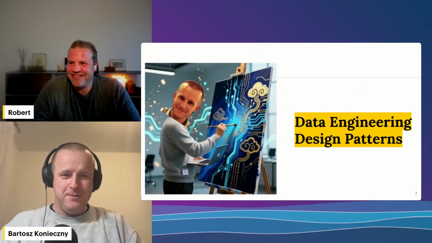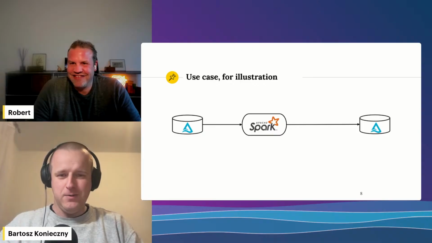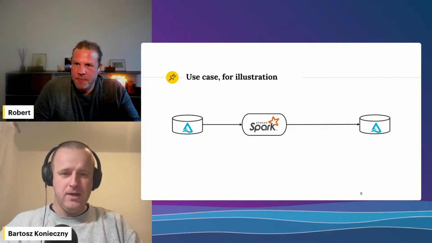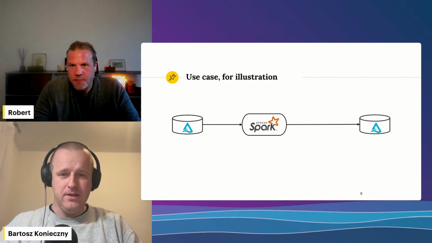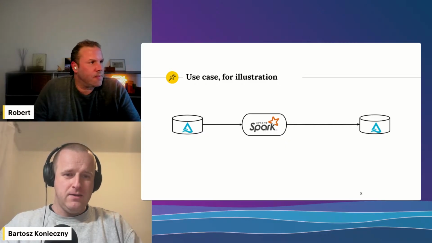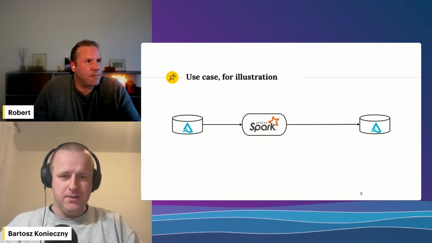So we are talking about patterns, and to get a better idea of what problem we are going to solve, let's suppose we have a simple ETL job where we have Apache Spark reading a delta table and writing another delta table. Despite this simplicity, there are some questions you may be asking yourself.